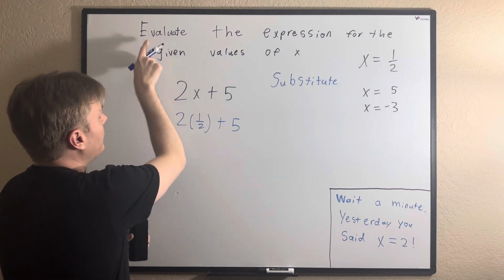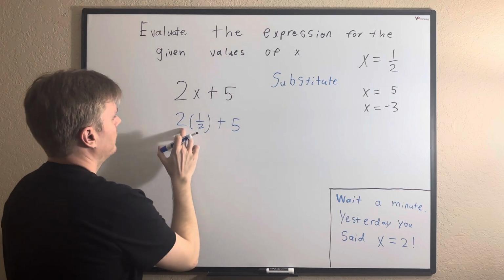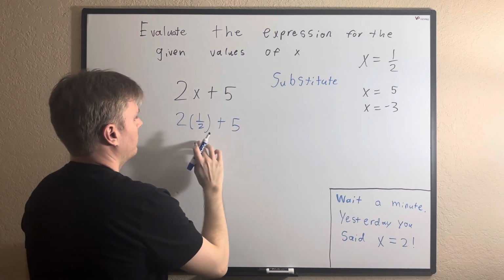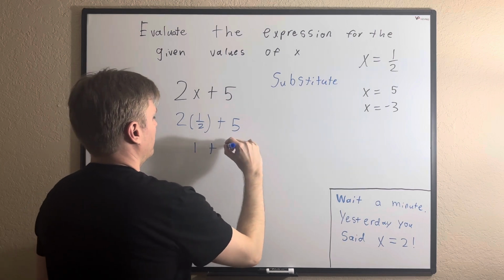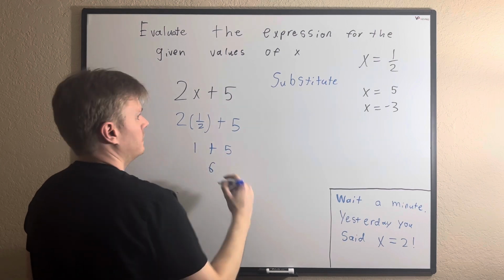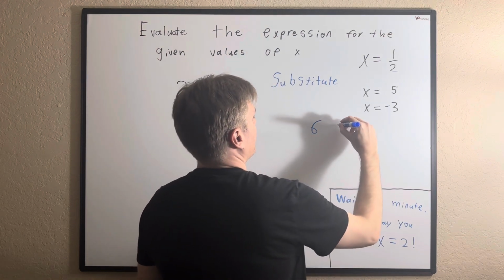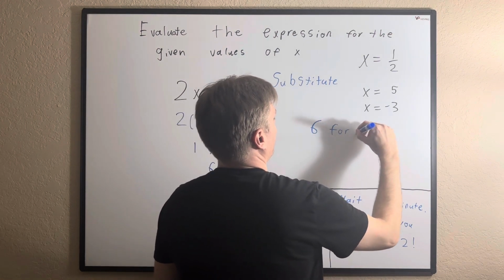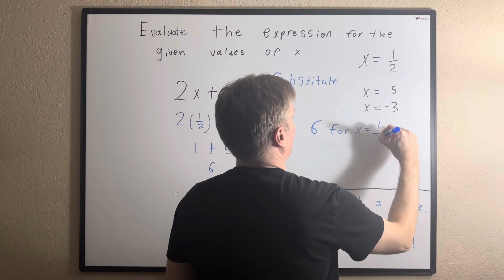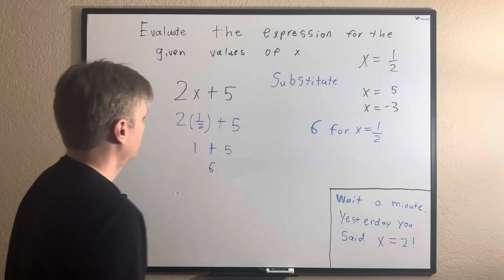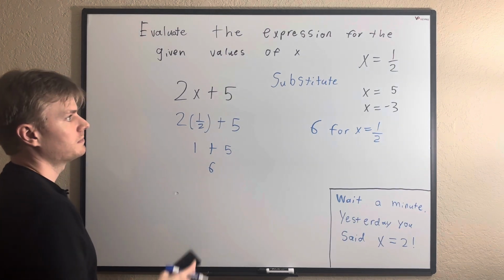And now we just evaluate. 2 times 1/2 is 1. 1 plus 5 is 6. So the answer is 6 for x equals 1/2. Pretty easy, right?